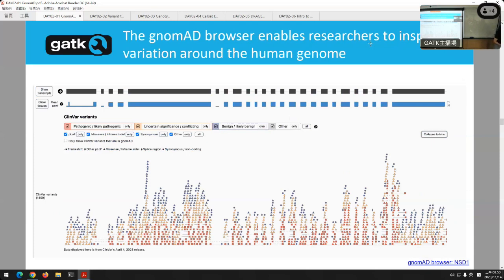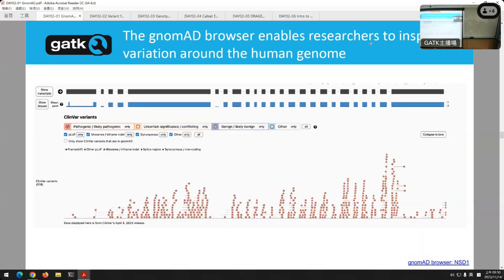And we can see how they're distributed across this gene. And we can also toggle which ones we're interested in seeing. So if we click on this button that allows us to only see pathogenic or likely pathogenic variants from ClinVar, then we get to filter out and only see the variants in red that are pathogenic or likely pathogenic.